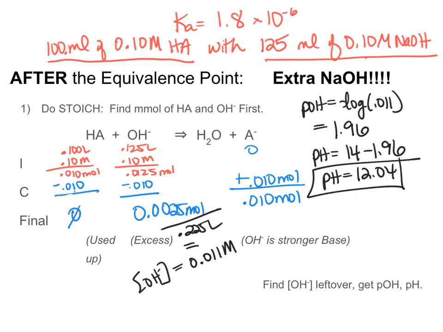So I get my final pH of 12.04. Now notice how the pH has changed over this titration. It started out really low and it ended up really high, which makes sense because we're adding our strong base to a weak acid.